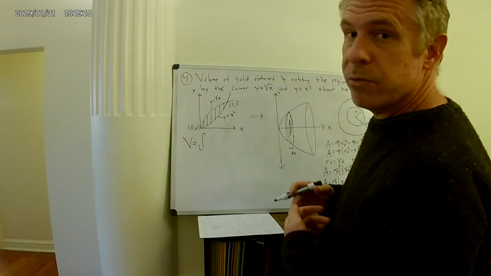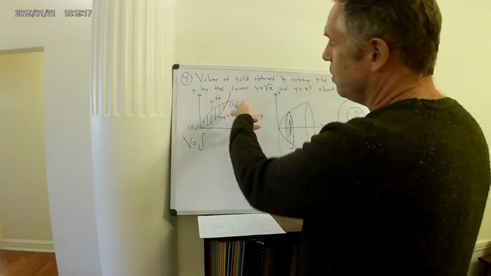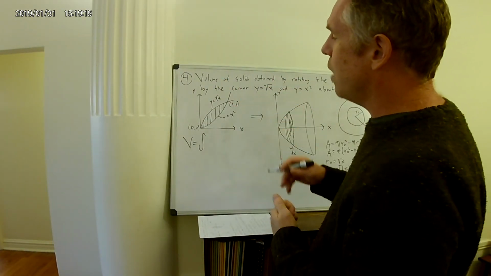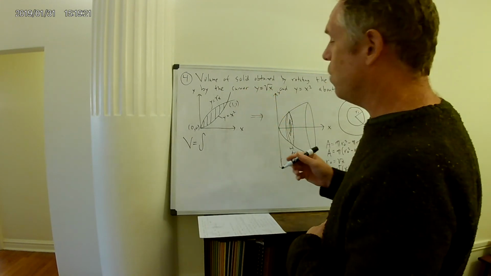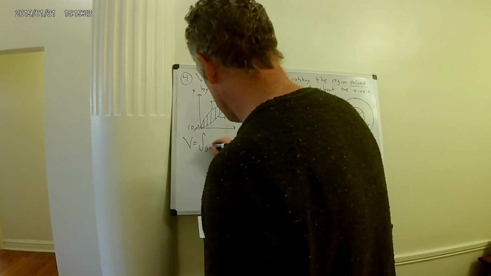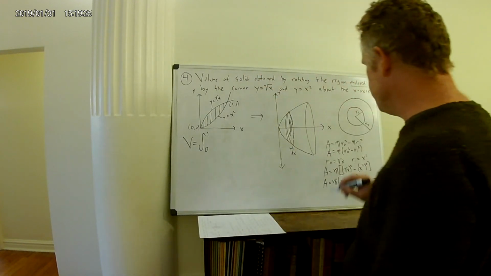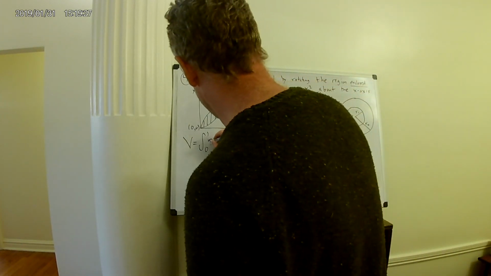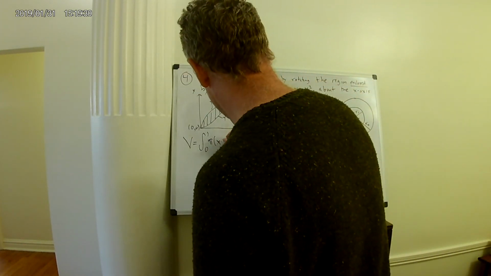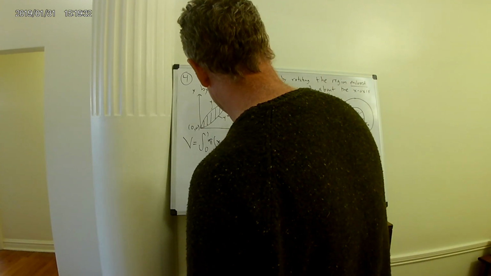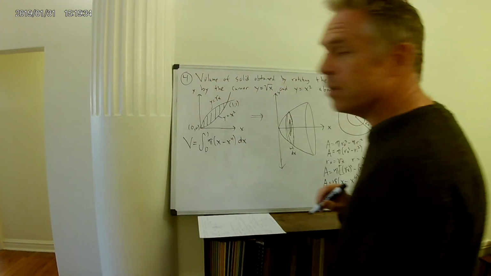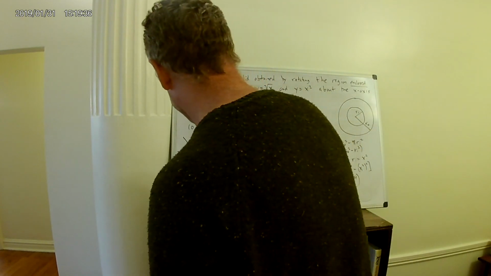We did this problem before, but basically you set square root of x equal to x squared, and you solve for x, and that comes out to x equals 1. So our limits of integration are from 0 to 1. We're going to integrate our area function, which is pi times (x minus x to the fourth), with thickness dx.